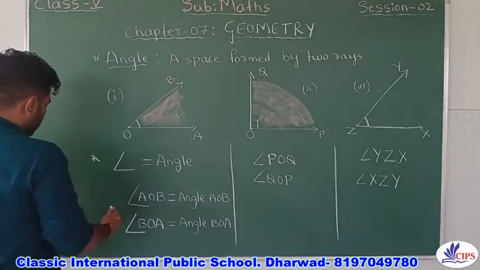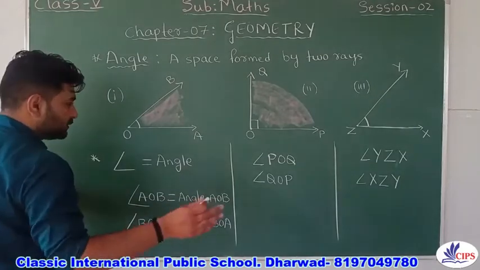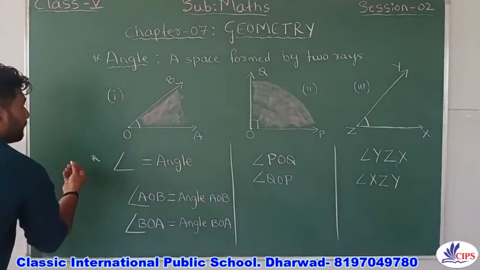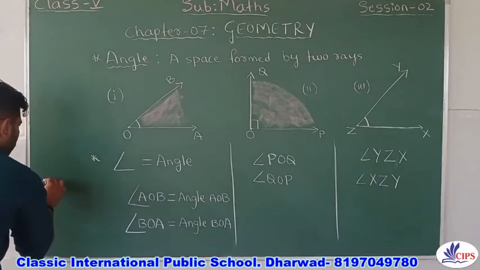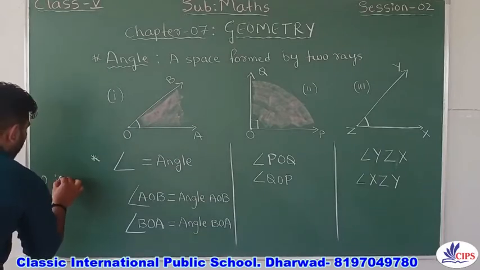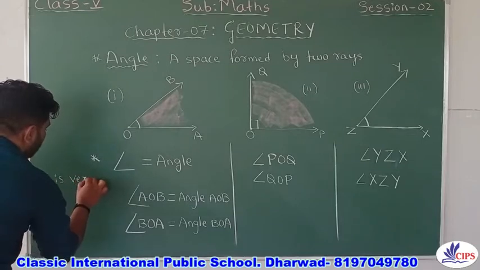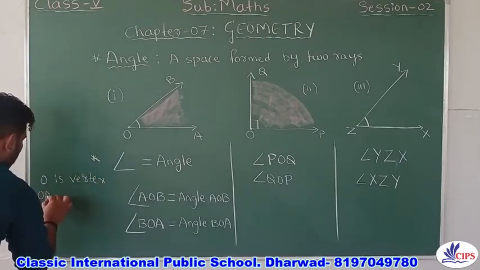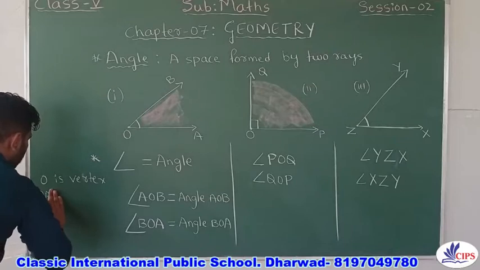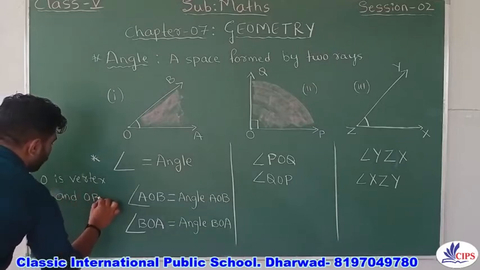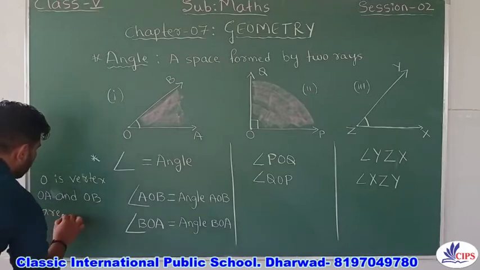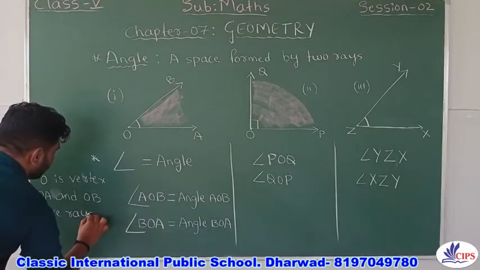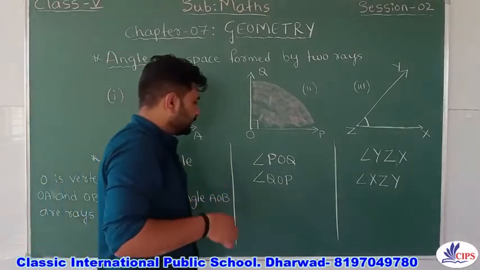You might not be able to see it, so I'll write and go away so that you can see it. O is vertex. OA and OB are rays. Okay, now you can see that.